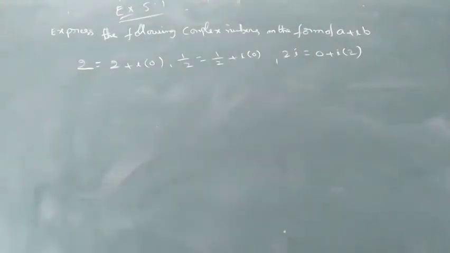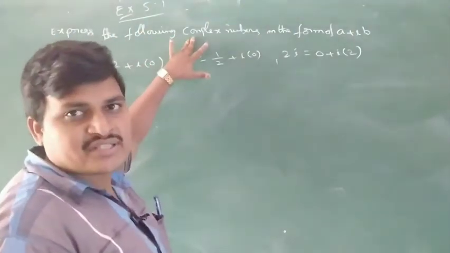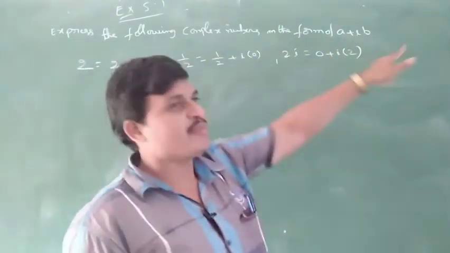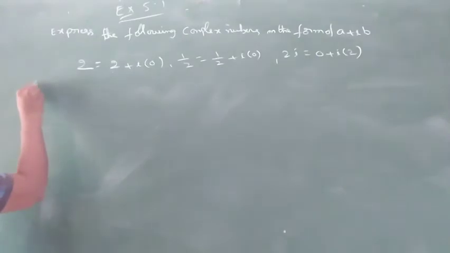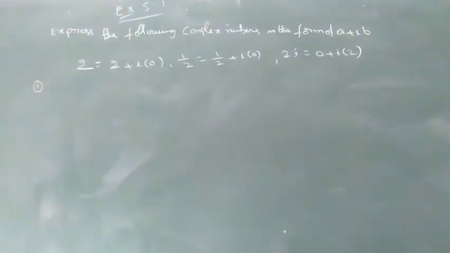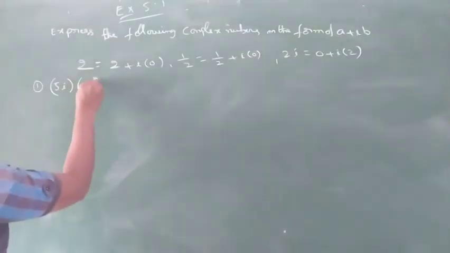Some complex numbers are given, and we convert them into a plus ib form. This is the first problem: 5i into minus 3 by 5i.